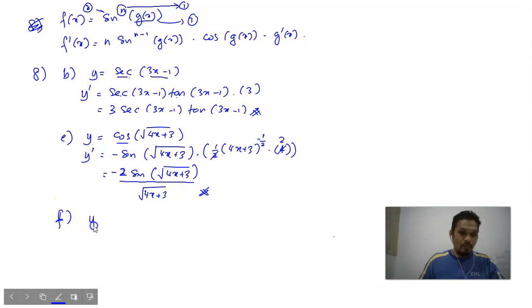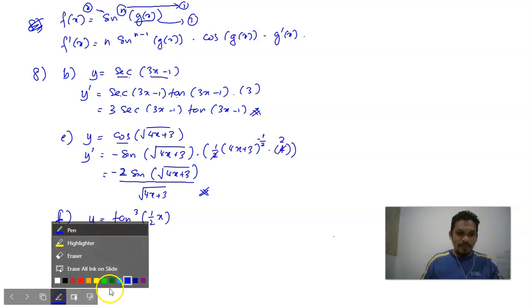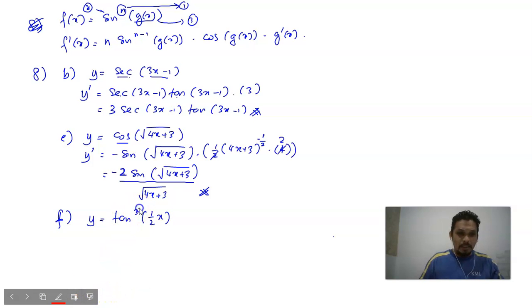Okay, question F. Question F, y equals tangent cube of 1 over 2x. For this one, this is the first thing that we're going to differentiate, tangent will be the second part, and this one here the third part.